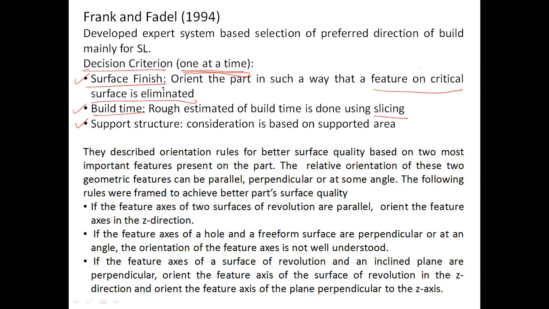So the person needs to decide how to put surface finish, build time, and support structure as their decision criteria. So they framed a set of rules. So what were the rules? If the feature axis of two surfaces of a revolution are parallel, orient the axes in Z direction.